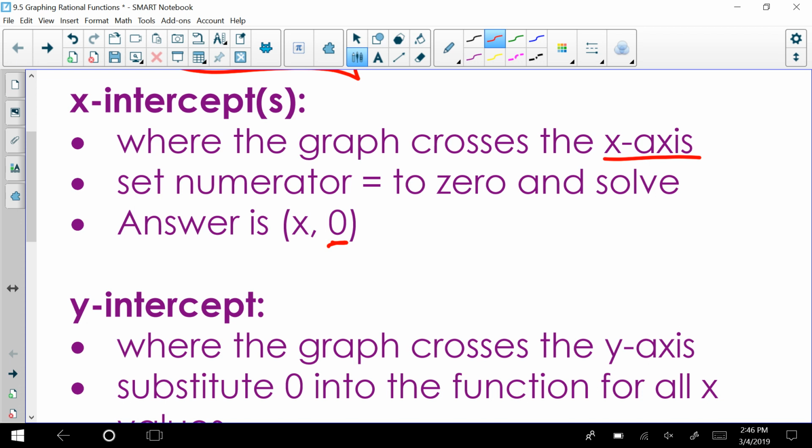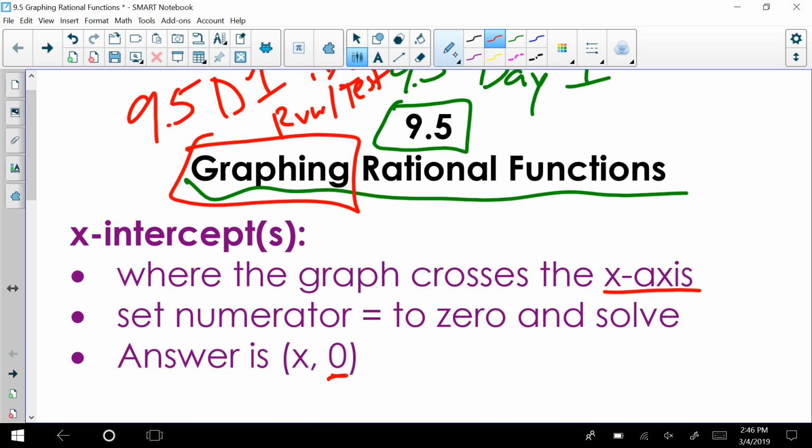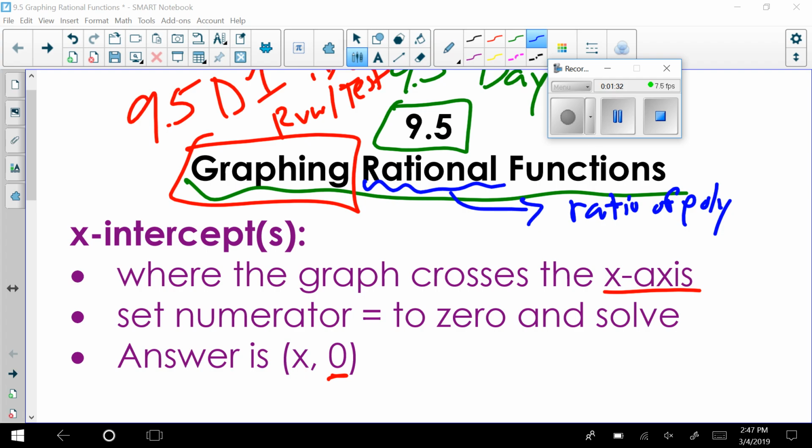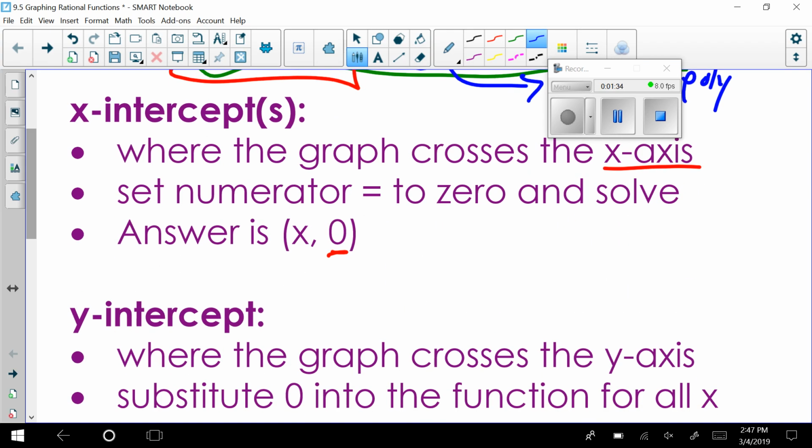A rational function is a ratio of polynomials. So we're thinking about when a ratio is going to be equal to 0.